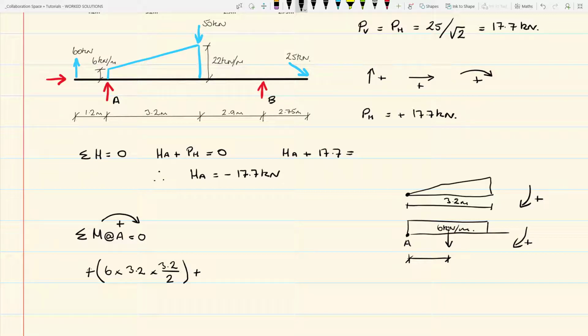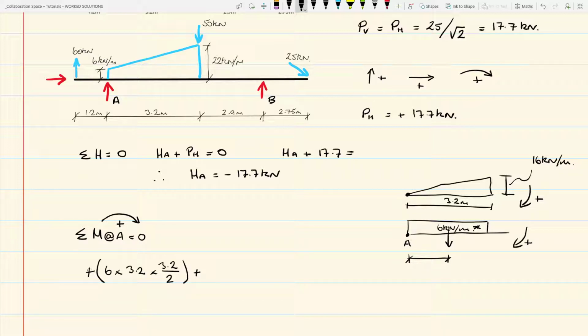And the magnitude of the load here, so effectively the height, if we're thinking about the area of the triangle, is 16, and that's in kilonewtons per meter. So that's your 22, as originally stated in the question, minus the 6 associated with the UD load.